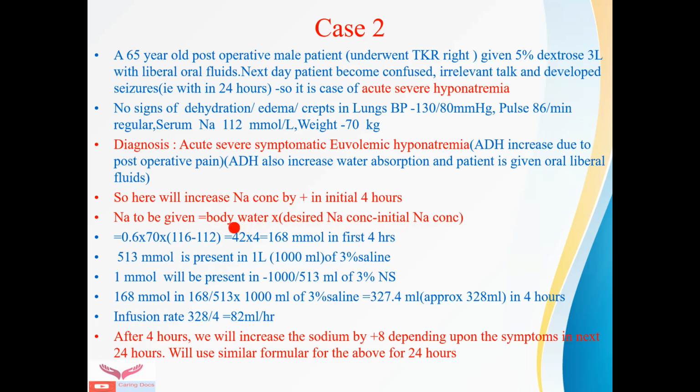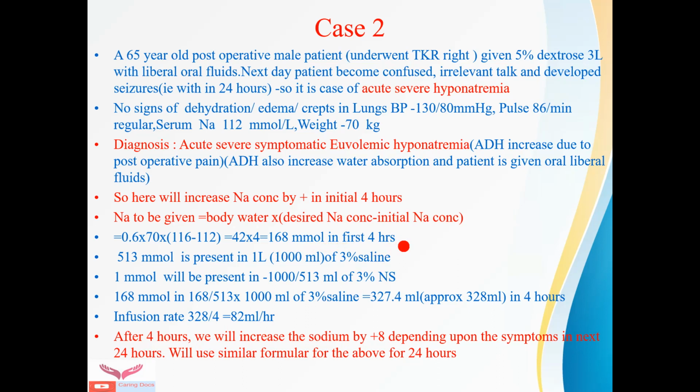So the body water is 0.6 into his weight, divided by sodium concentration of 112. We have to increase it just by 4. 116 minus 112 is equal to 4, 42 into 4, that comes out to 168 millimole in the first 4 hours.